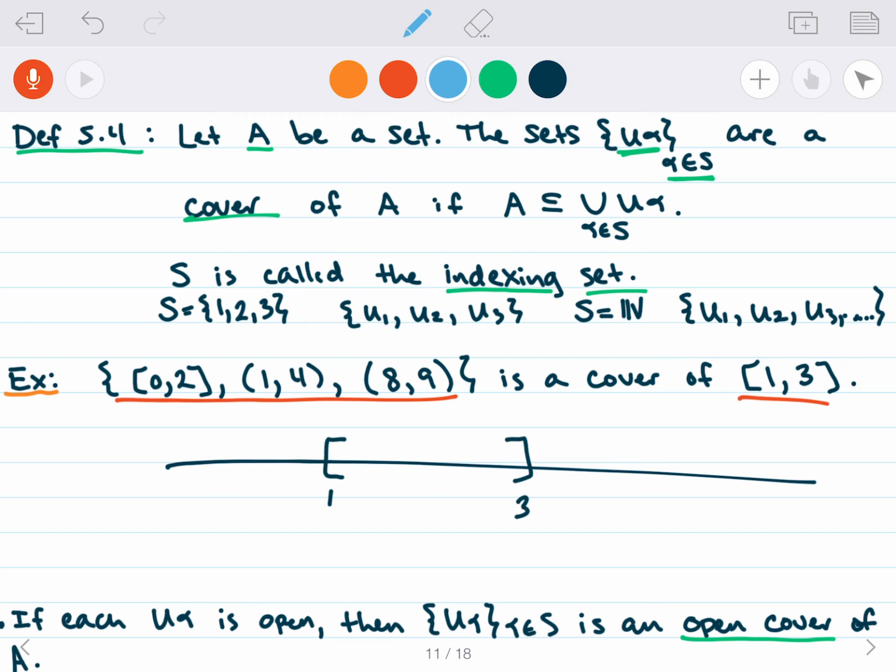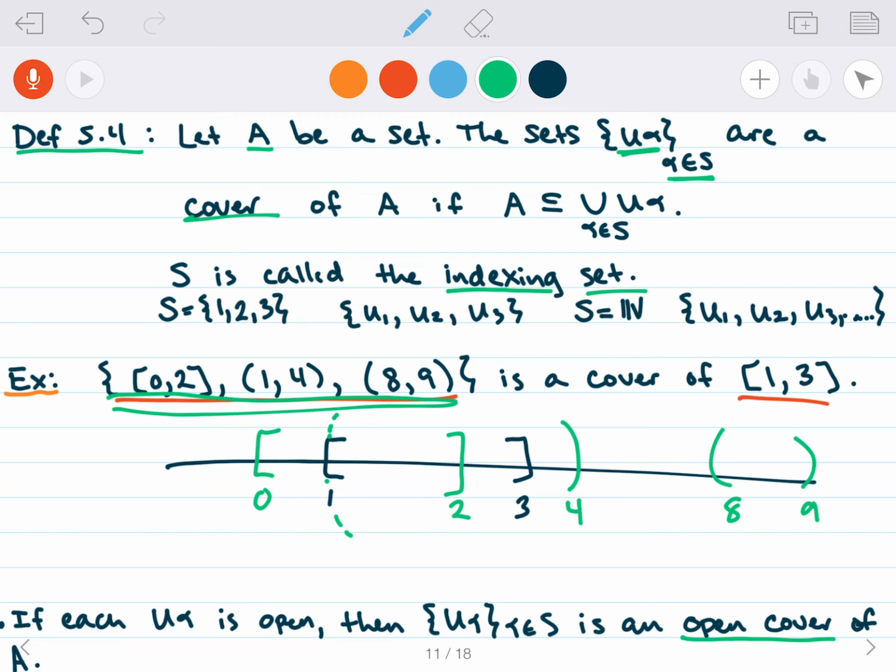And then the other sets, maybe I'll do these in green. So 0, 2 is going to be, I don't know, right here. I'm not really drawing these to scale. Okay, 1, 4 is going to be this open set from 1 to 4. And then 8, 9 is going to be somewhere over here.